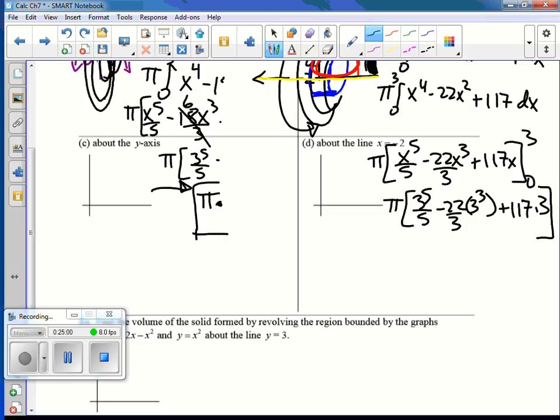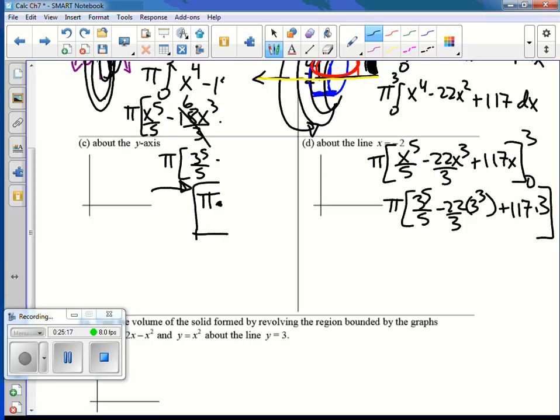And here, I'm going to use a calculator because chances are this may be on your calculator portion. If not, then we'll basically do some basic arithmetic, but you will have a calculator portion. So what is that?